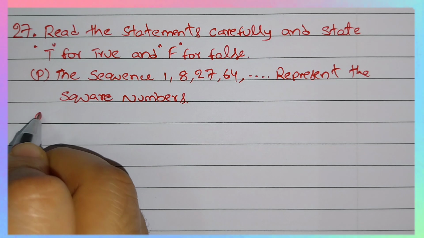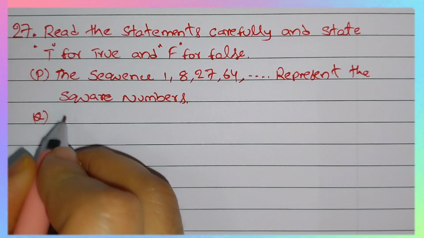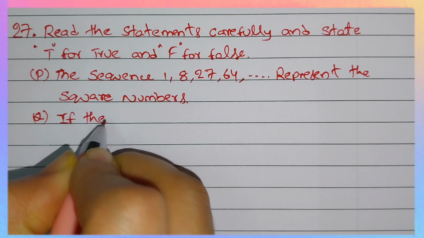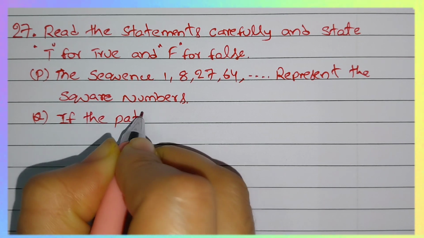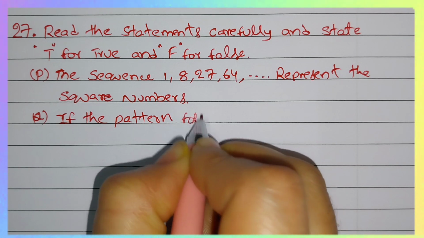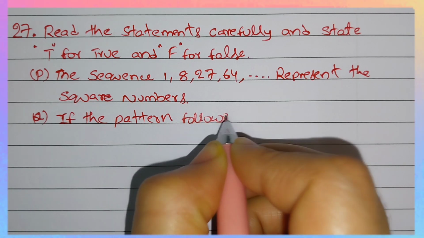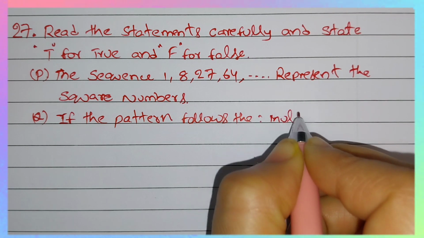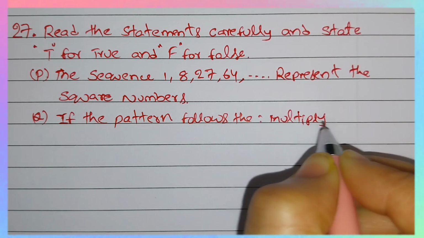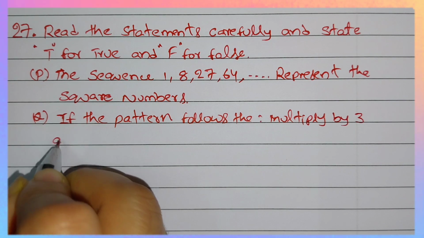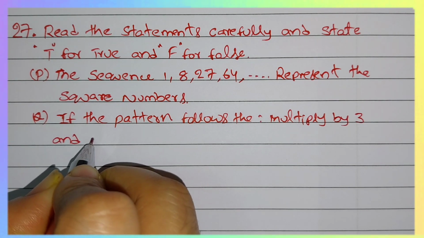The 27th question is: read the statements carefully and state T for true and F for false. P, they gave the sequence 1, 8, 27, 64 and so on represents the square numbers. Q is if the pattern follows multiply by 3 and then subtract 3, then the fifth term starting from 2 is 42.